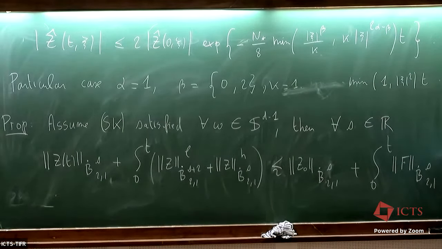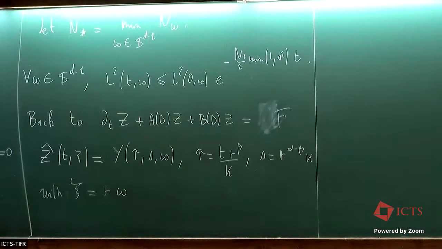And you can even afford to have a right-hand side F. If I put an F here, then just by the Duhamel formula, you get in the same stroke this inequality.